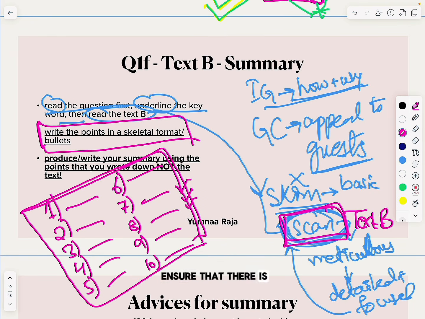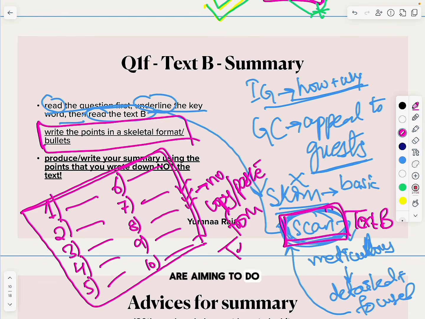It is going to ensure that there is no copy paste from text B. Exactly something that we are aiming to avoid. So these are the two most important things that kids usually miss out on, one or the other, or sometimes both.